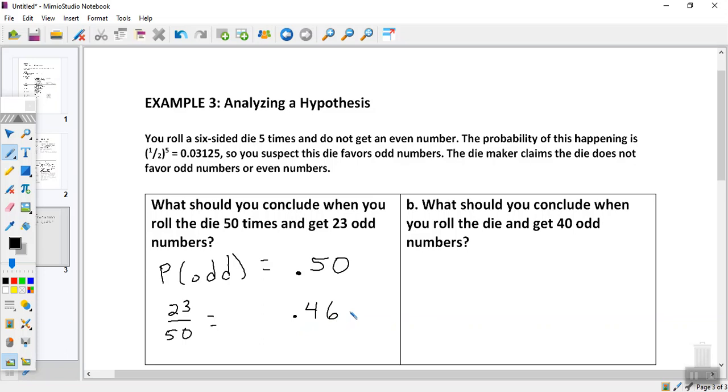Is that 0.46? Okay, so theoretically, if I roll a die 50 times, what percentage of the time should I get an odd? Theoretically, 50%. We rolled it 50 times. What percent did we get odds? Are those percents fairly close, or are they pretty far off? They're fairly close. I think you're close enough. So you want to conclude that this die is fair or not fair? Based on these numbers, I think the die is what?